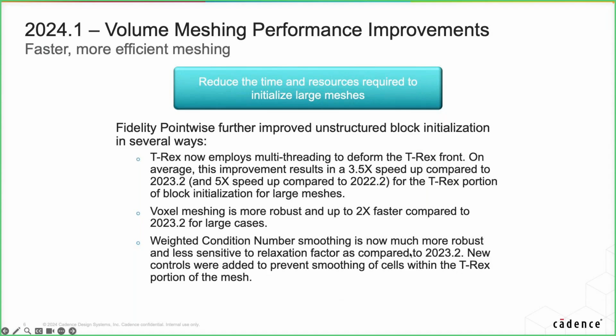In addition to that change in robustness, we've also added another control, which I'm going to show you in the next slide, that gives you explicit control over whether our anisotropic region of the volume grid is smoothed during that process.